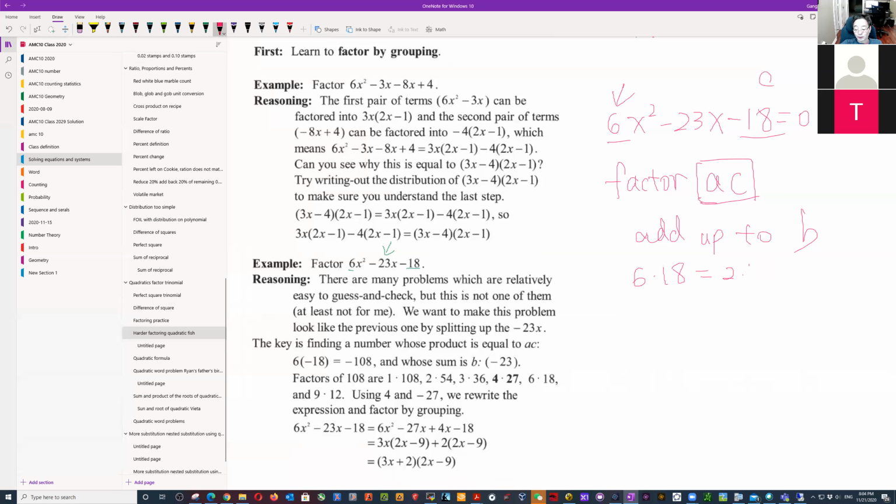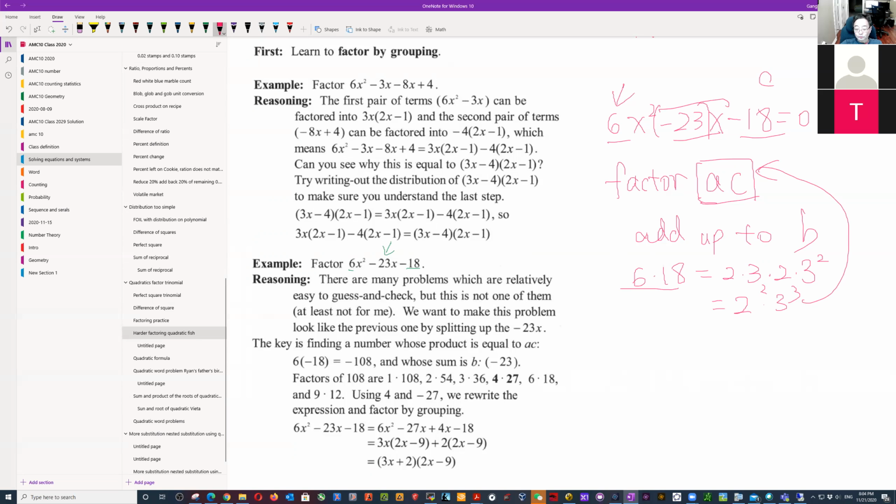So you can multiply 3, multiply 2, multiply 3 squared. This is basically equal to 2 squared multiplied by 3 cubed. So this is the ac we need to factor to get the number negative 23.